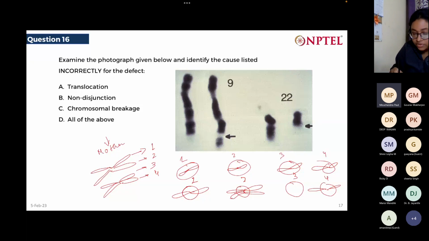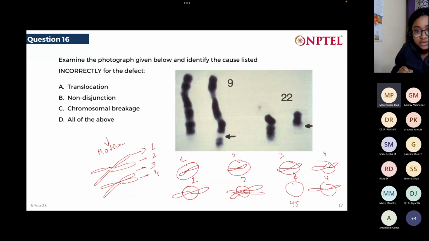So whoever the offspring is that receives this gamete, which doesn't have one chromosome, the final chromosome number in that person will be 45, right?